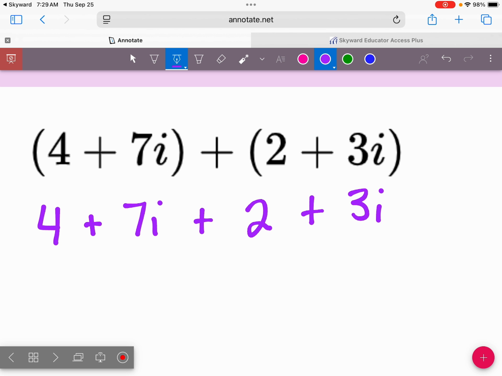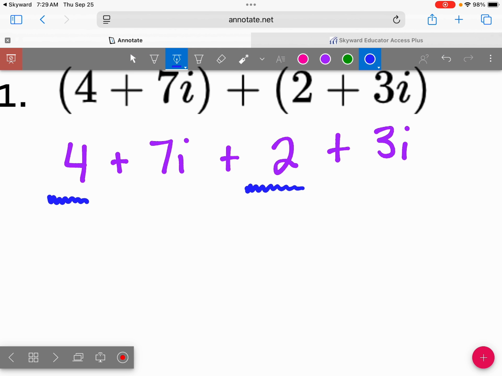And then, just like in the bell work, we've got some like terms we can combine. I have some numbers. I've got a 4 and a 2. So 4 plus 2 is 6. We also have 7i plus 3i.